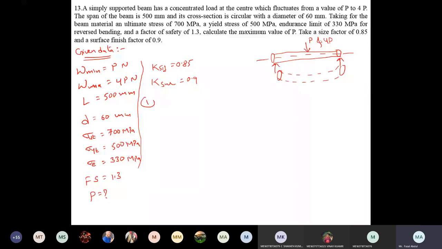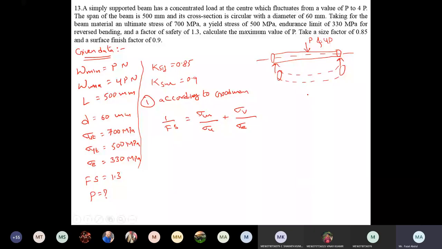First, according to the Goodman relation, 1 by factor of safety equals mean by ultimate plus variable by endurance.